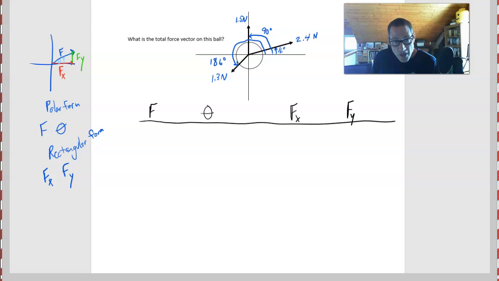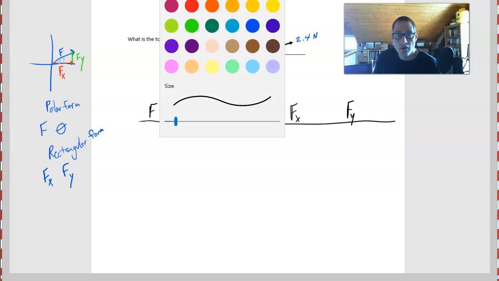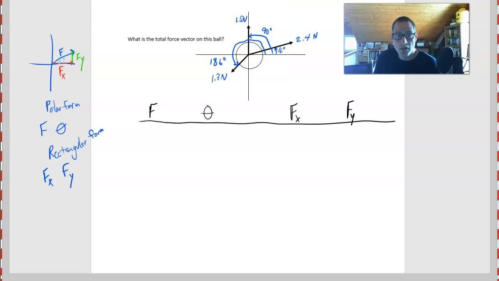So first of all, we're given everything in F. So I'm going to write down the three vectors, and the first one here is 2.4 newtons, and theta is 16 degrees.